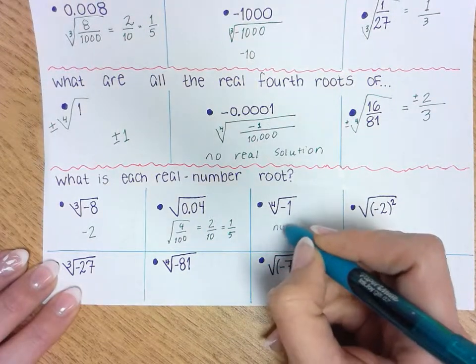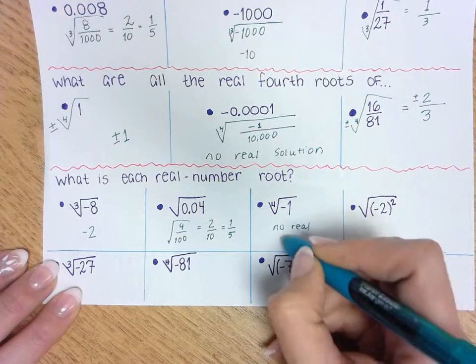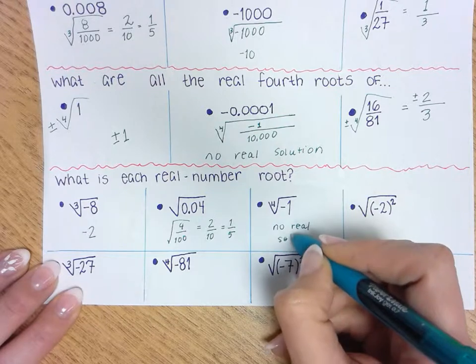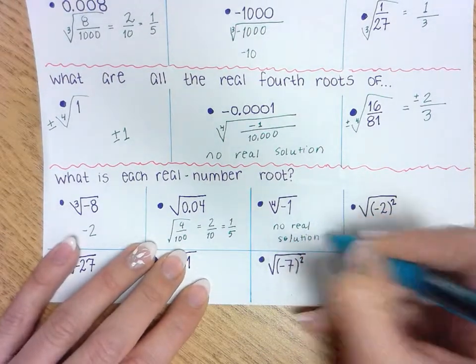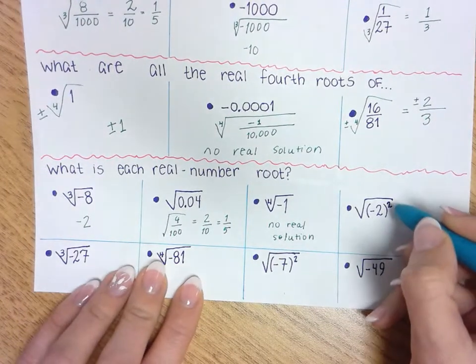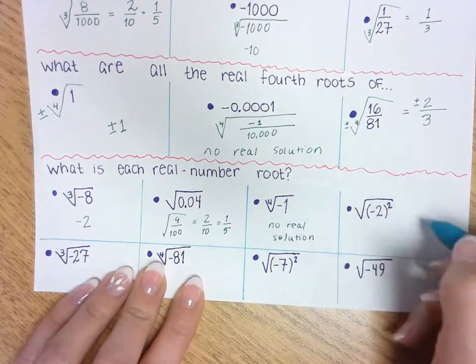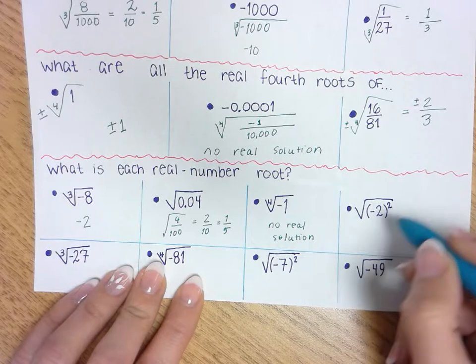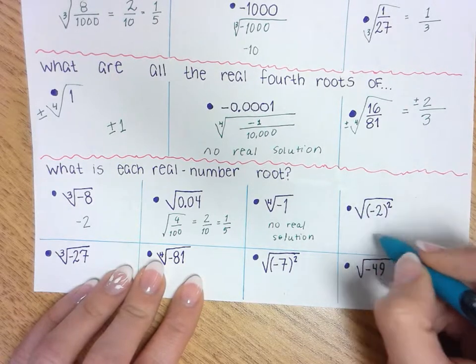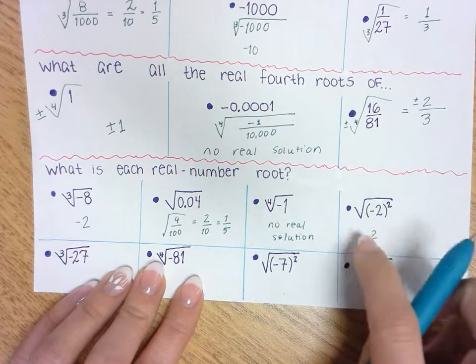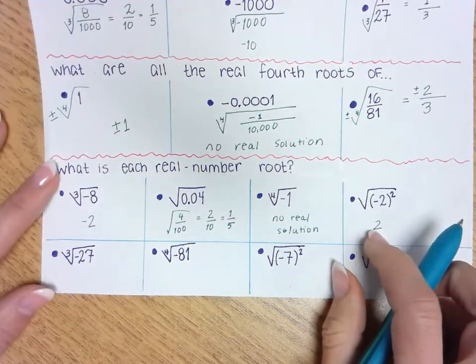No real solution. Can't have a negative number underneath a radical when the index is even. Negative 2 squared. A lot of times people see a square and square root and cross them out. That doesn't work here. You have to go negative 2 squared is 4, and the square root of 4 is 2. It's a tricky situation for some people, so be careful there.